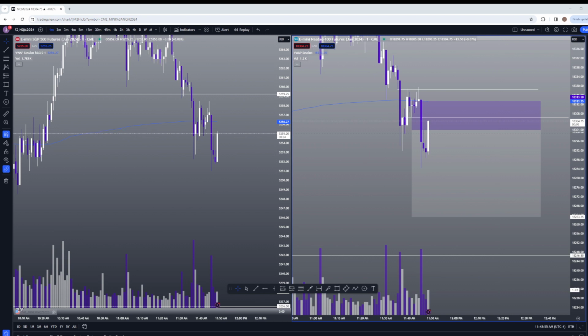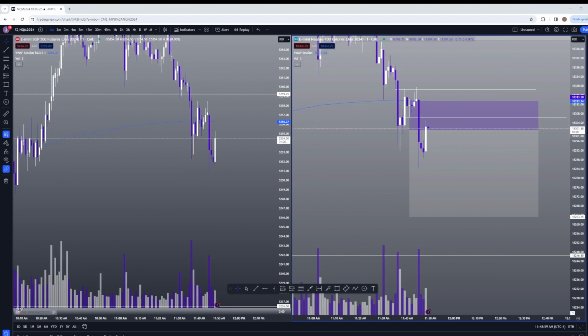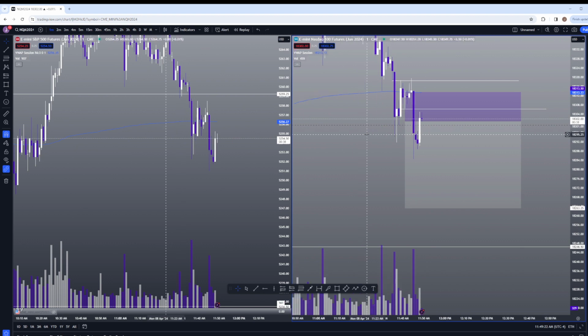So we'll see what we do here. Okay, I like that reaction so far. But we still look like we're trying to push up a little bit into it. If we start to get a reaction off this 1 minute, I'm going to get an entry in the shorts here.